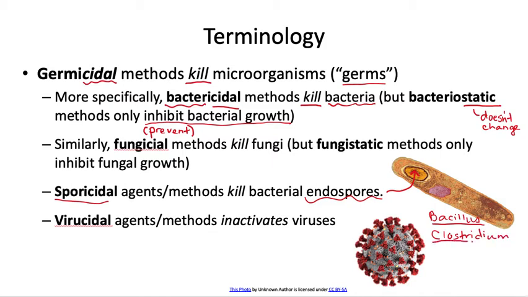And what we remember about endospores is that they form under harsh conditions, they're really, really resistant, and they are therefore very tough to kill. And so, a sporicidal agent will be something that can be used to sterilize.